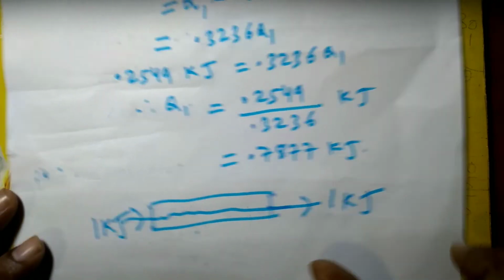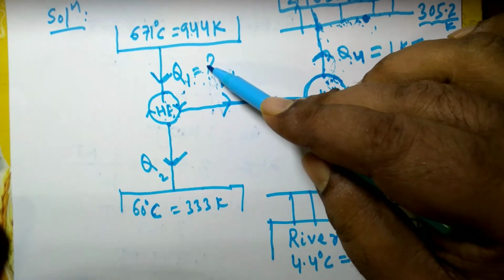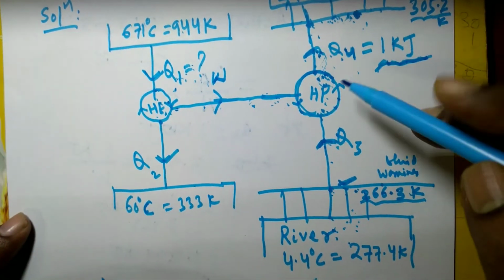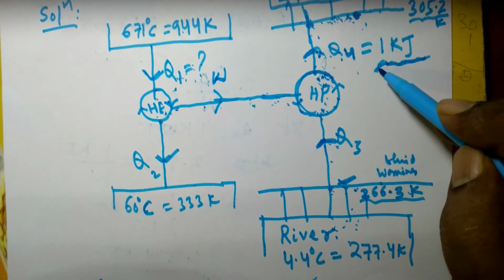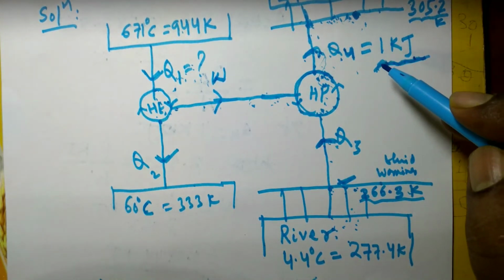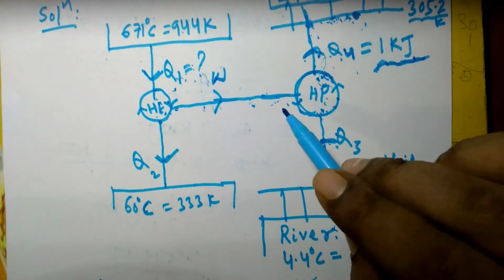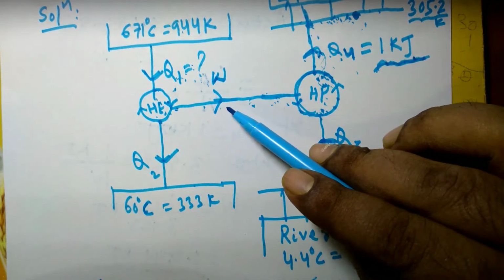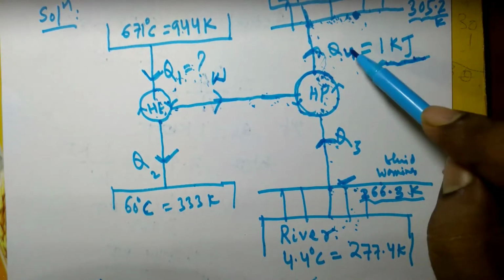But in this case, on giving 0.7877 kilojoule of heat to this heat engine, we are able to get 1 kilojoule of heat, which is more than 0.7877 kilojoule. That means the heat pump, by consuming the work produced by this heat engine, can supply 1 kilojoule of heat.